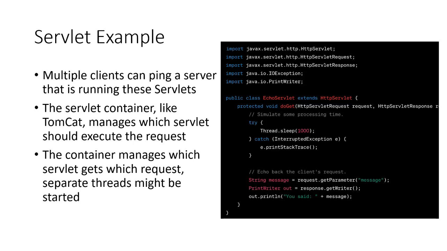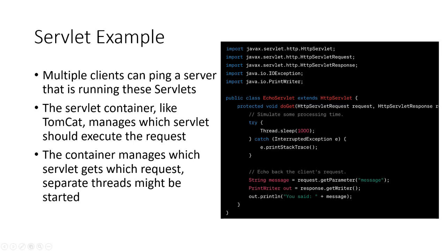It's all managed within this self-containing, no pun intended, container. And that container is essentially doing concurrency. It's managing which servlet gets the request, and it's separating threads that might get started sooner from some that might get started later.